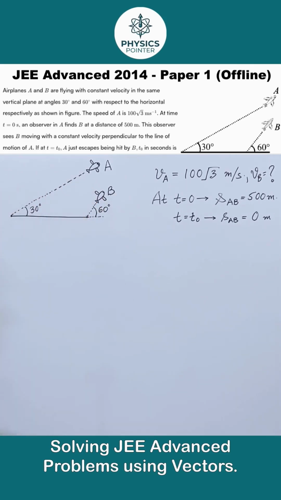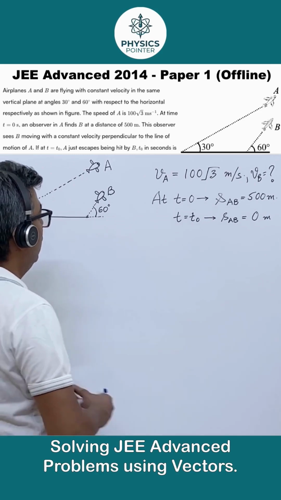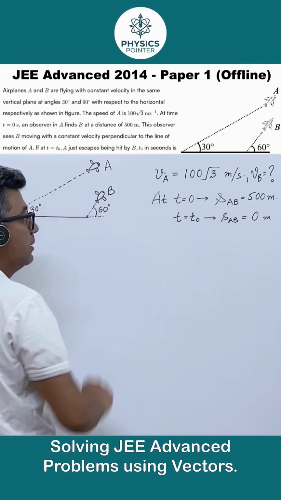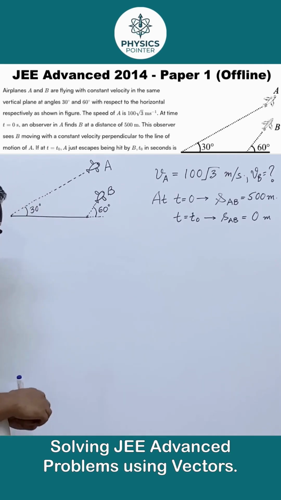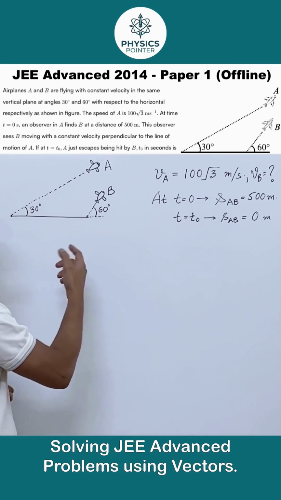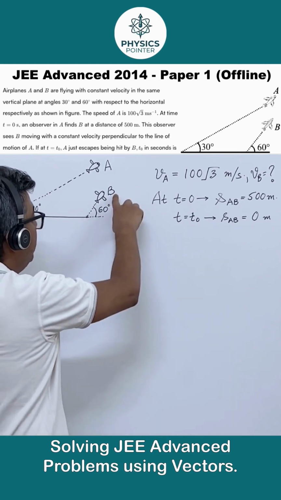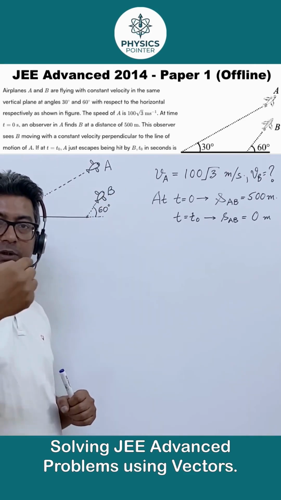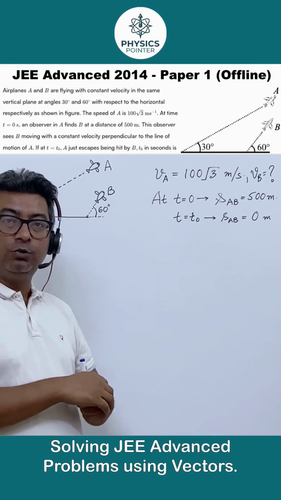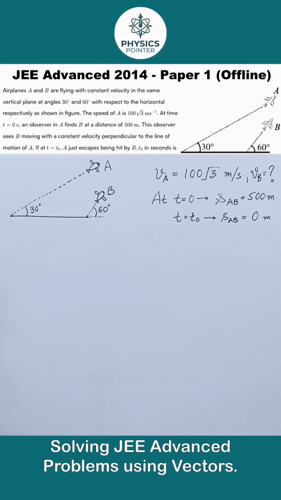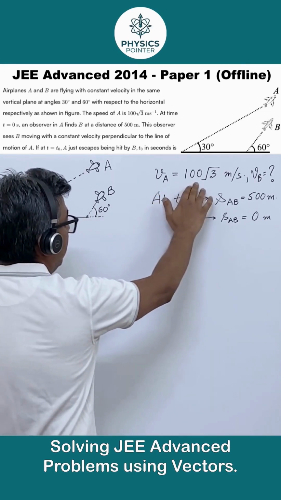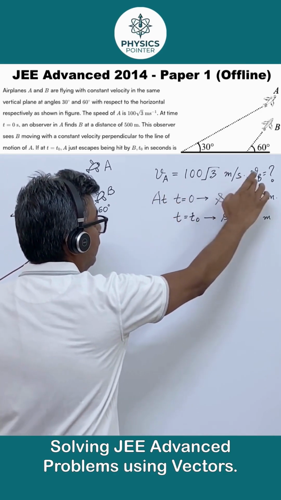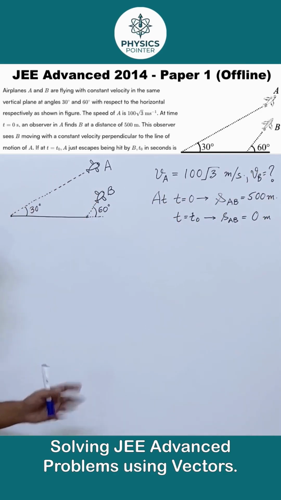At a certain time t equal to 0, the observer in A sees that B is at a distance of 500 meters from A, and also observes that B is approaching A perpendicular to it, as if it's coming directly towards it. One more piece of information is provided: the velocity of A is 100 root 3 meter per second, and the velocity of B is not provided.